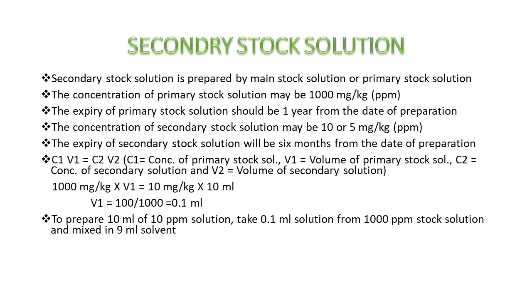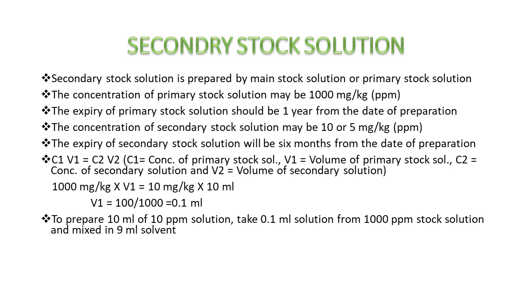The expiry of the primary stock solution should be 1 year from the date of preparation. The concentration of the secondary stock solution may be 10 or 5 mg per kg, or 10 or 5 ppm. The expiry of the secondary stock solution will be 6 months from the date of preparation.